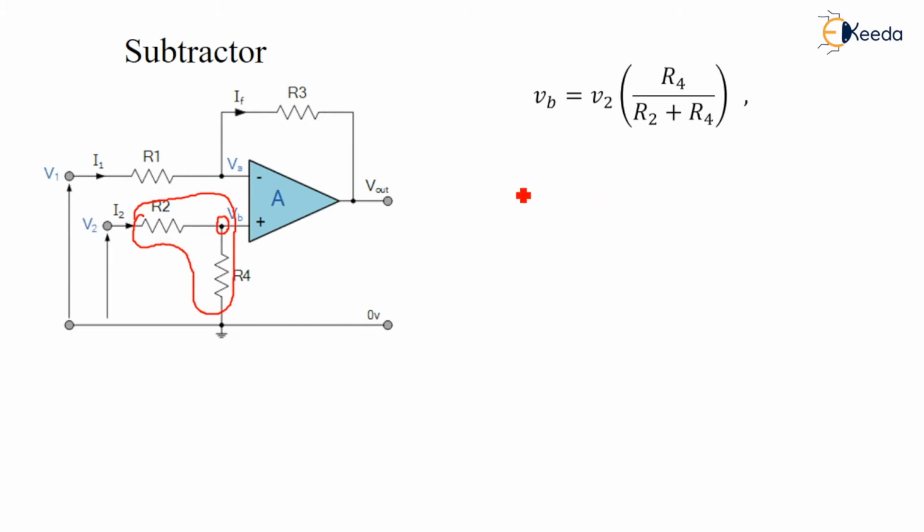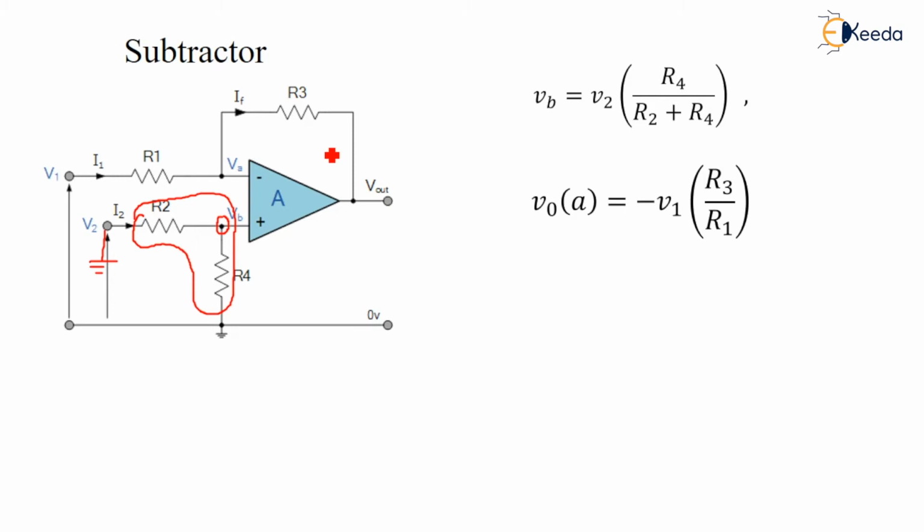In this case, we'll apply one of the inputs to ground. So if I ground this V2 terminal, this configuration will be an inverting amplifier.